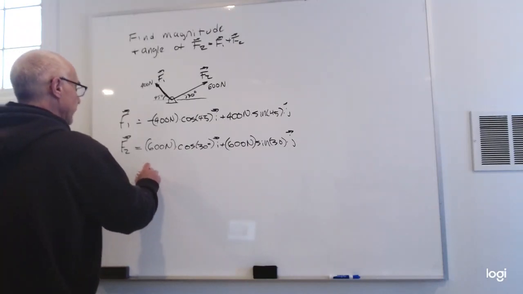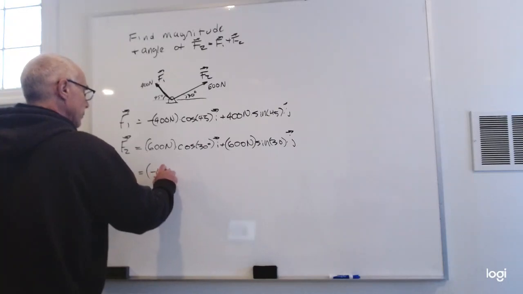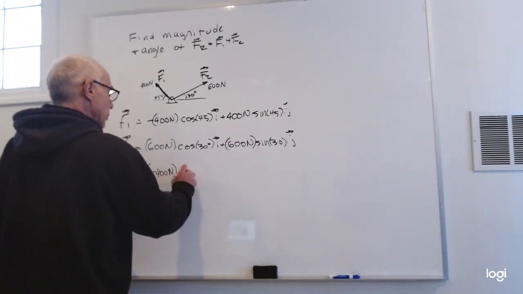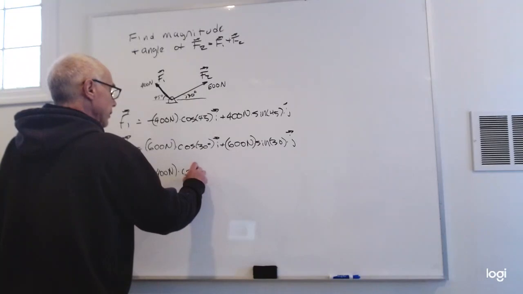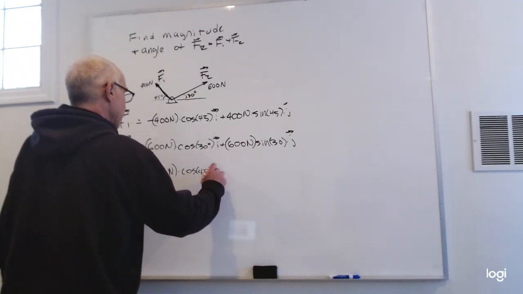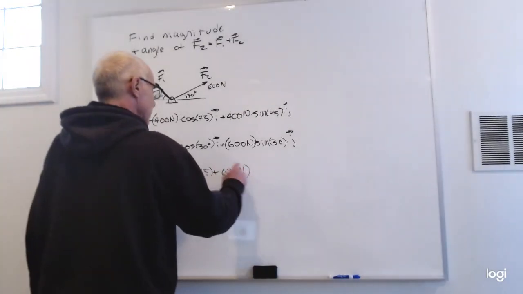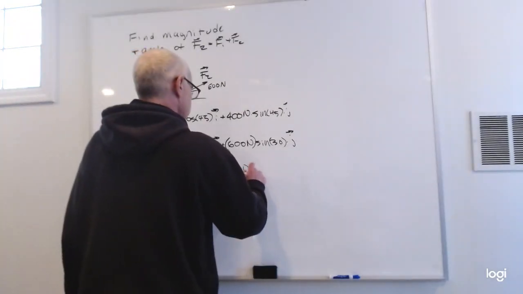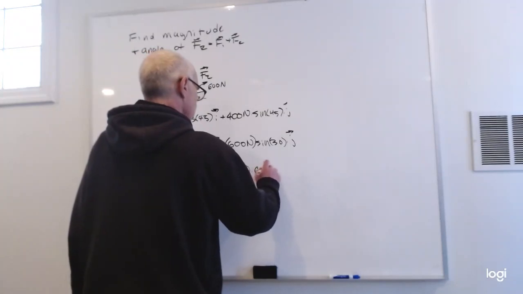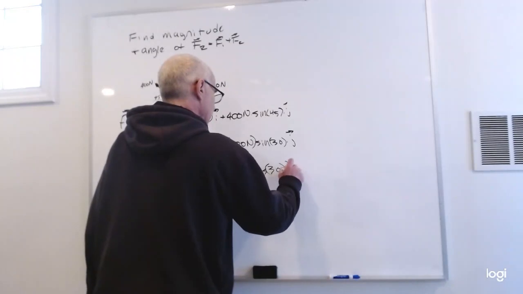We're going to have negative 400 newtons times cos 45 plus 600 newtons times cos 30 times i.